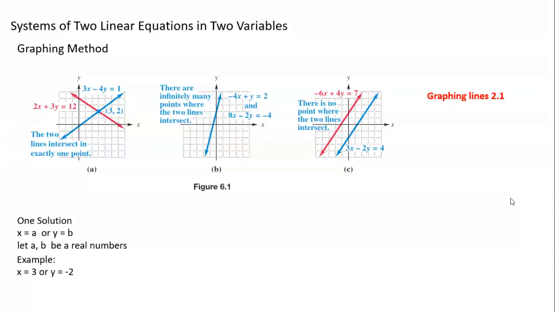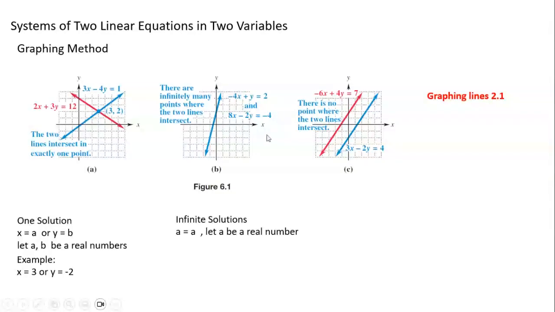Now, if you look at the second graph here, even though they might look different, if I were to convert these into slope-intercept form, I would discover that these two may look different, but it's exactly the same line.